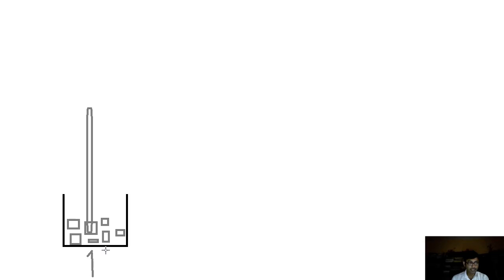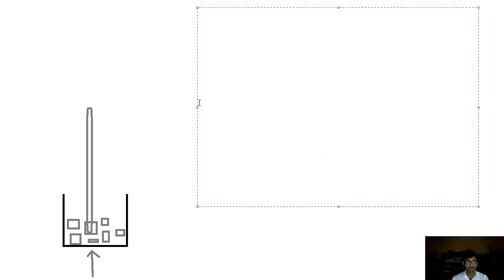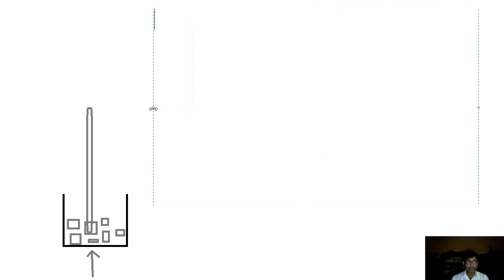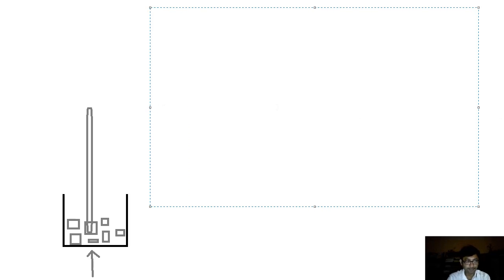So when we heat it, the same observation is seen again. What happens is, we are going to just write it down. What happens when this is heated? When this is heated, we find first, the temperature rises. Why does the temperature rise in the thermometer?